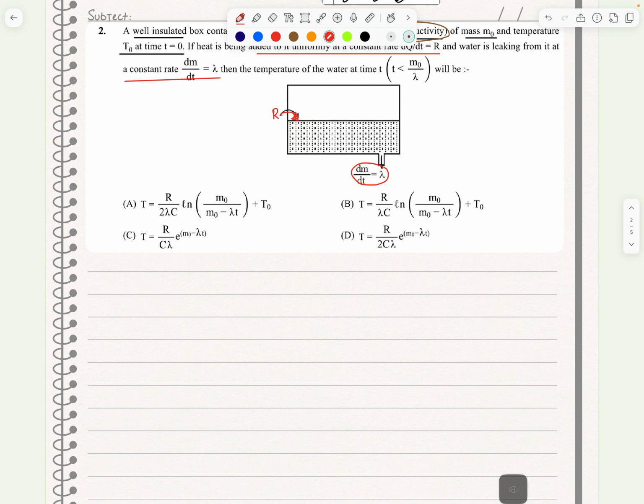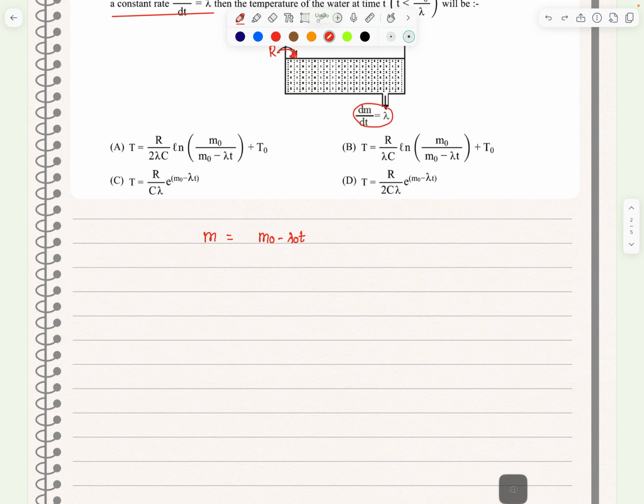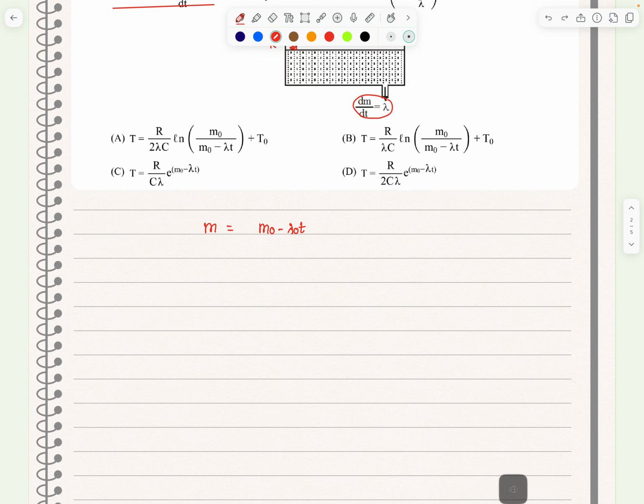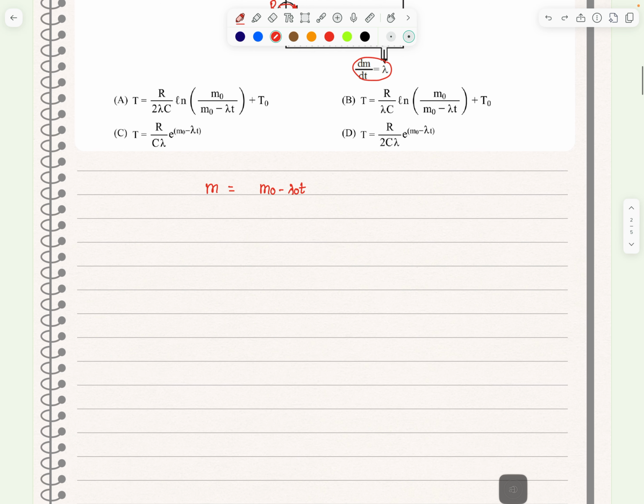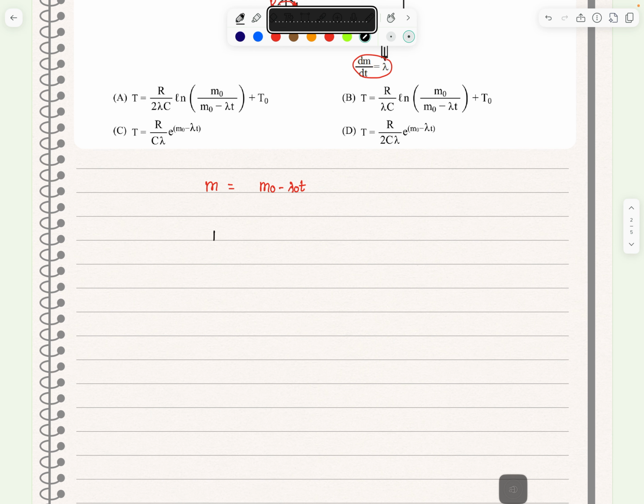First let's find the mass of the water at any instant of time. Since dm by dt is constant, can I say it is simply m0 minus lambda t. That is the mass of the water at any instant of time. Now second step, whatever heat we are supplying is getting converted.